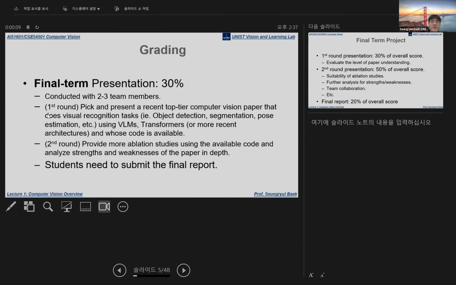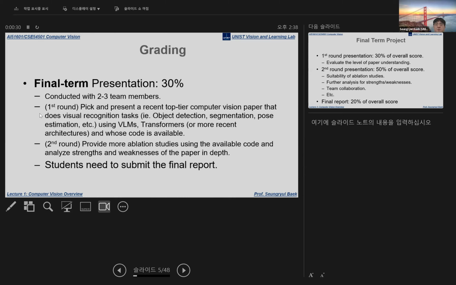And there will be two presentations for each team. So you have to pick and present one top tier paper. That paper has to deal with some visual recognition tasks because our class is computer vision.